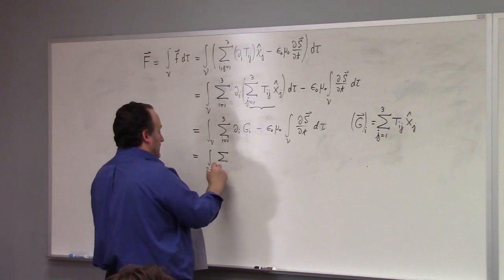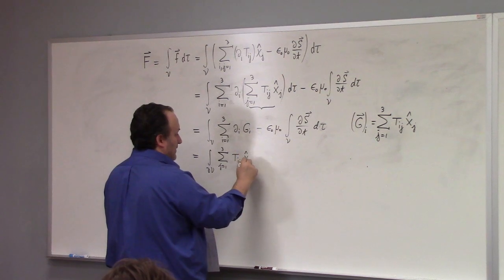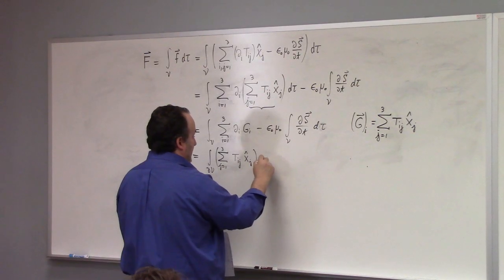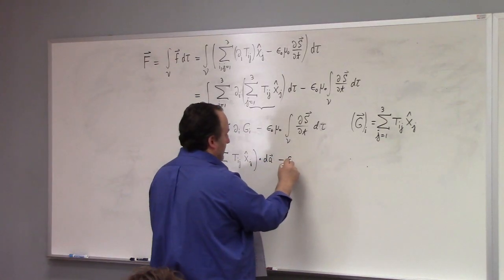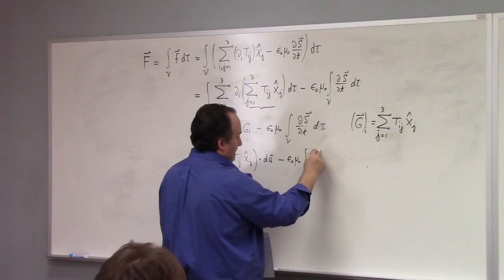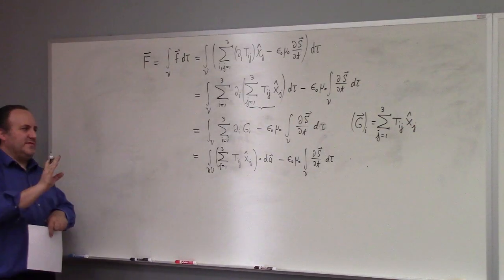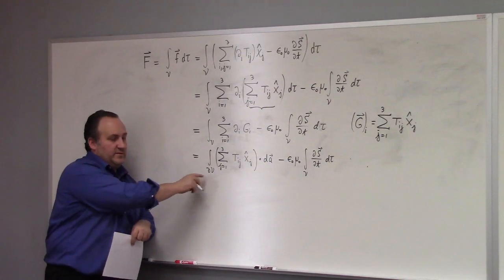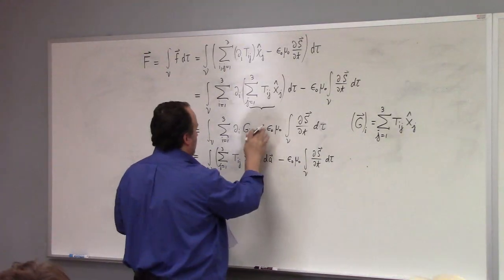And so what we have then is the integral over the boundary of the volume of the sum j equals 1 to 3 of T_ij x hat j, dot dA, minus the other thing. I'm using the divergence theorem.